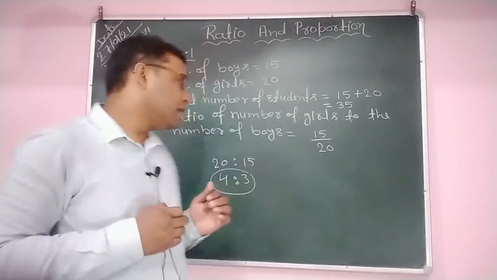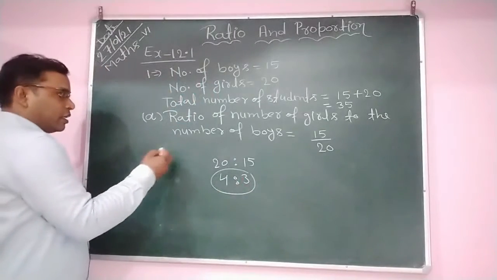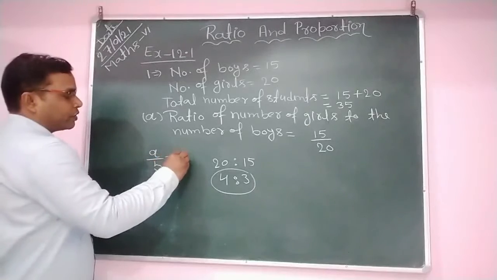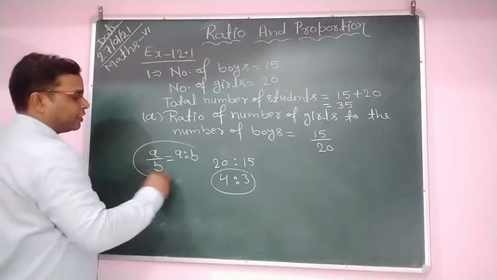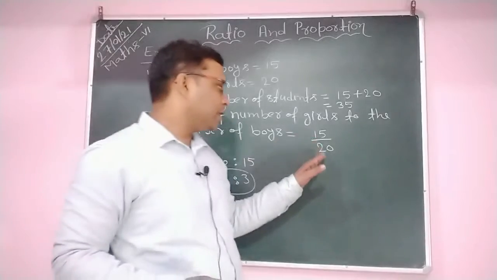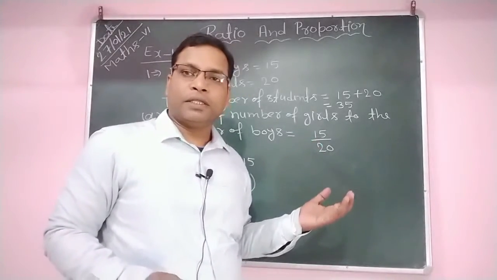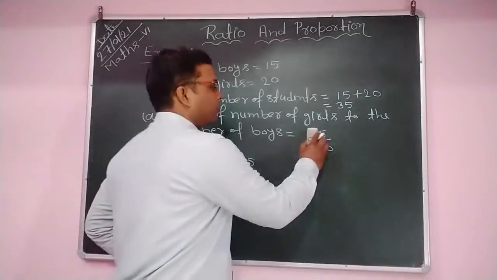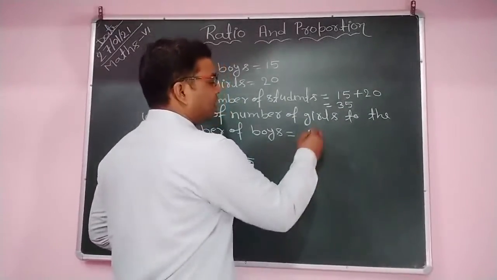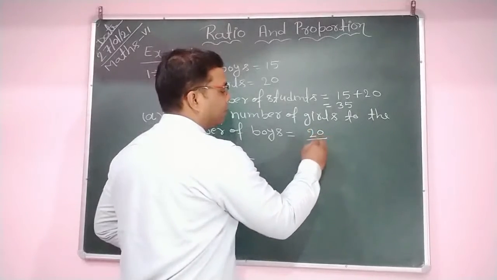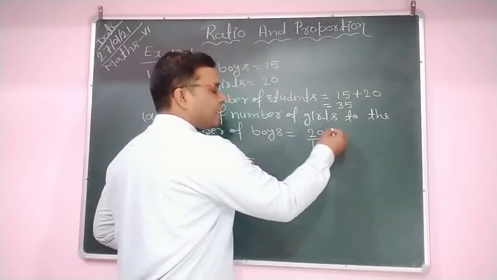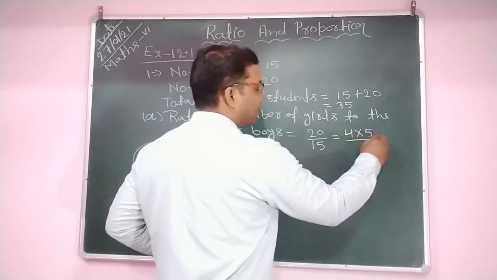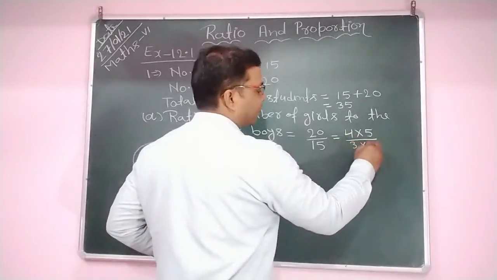You can see there, and you know very well, A by B is equal to A ratio B. The number of girls is 20, so we write first 20 by 15. If you simplify this, you can write 20 is equal to 5 into 4 and 15 is 3 into 5.